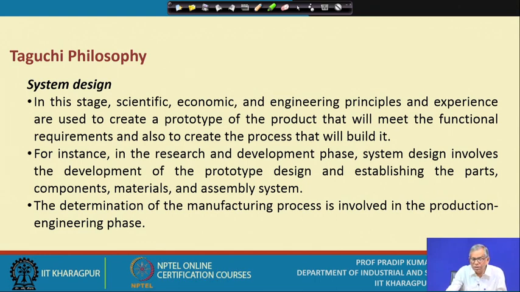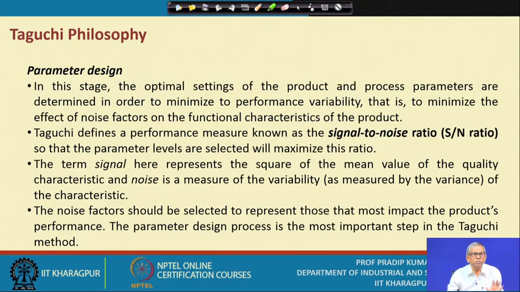For instance, in the research and development phase, R&D, system design involves the development of the prototype design and establishing the parts, components, materials and assembly systems. Okay, and the determination of the manufacturing process is involved in the production engineering phase. So this is the one.